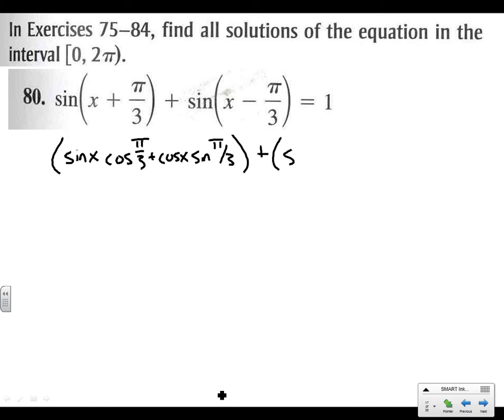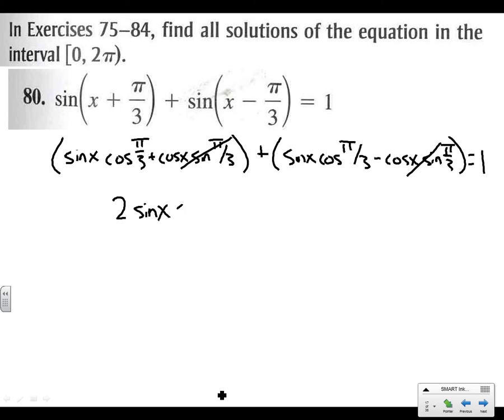Plus sine x cos pi over 3 minus cos x sine pi over 3. That equals 1. Let's see what we can cancel out here when we collect our like terms. Those two go away. So now we have 2 sine x cosine pi over 3 equals 1.